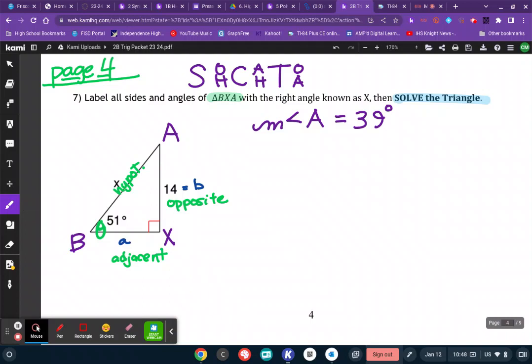We don't know adjacent. We don't know hypotenuse. So that would leave 2 unknowns in my equation. Not good. So we can't use cosine, but I could use either of the other 2. Let's do, I mean, it doesn't really matter. Let's use sine. Let's use sine of theta, which is opposite over hypotenuse.